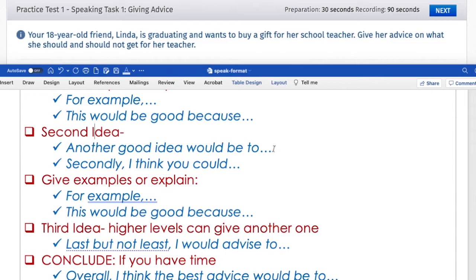The second one is like you're talking to the person. So again, here I said flowers, so in my explanation I need to say why that's good. This would be good because flowers are very beautiful and teachers love to have flowers in the classroom.